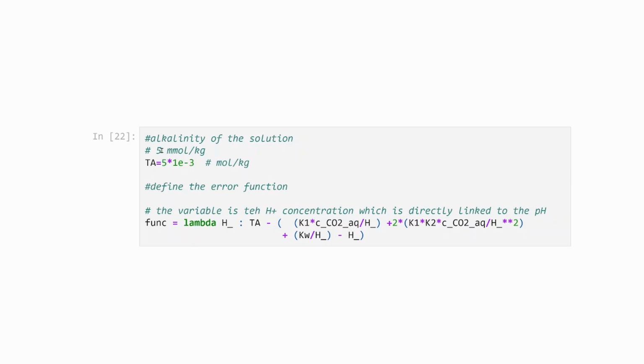So I have chosen randomly 5 millimoles per kilogram, and then I defined this error function, which is basically, here we set in the known alkalinity, the 5 millimole per kilogram, and this is the calculated alkalinity, and we want this function to converge, so to be very small. The error should be very small.